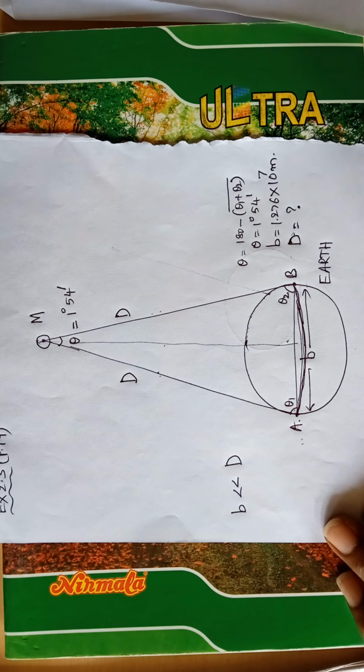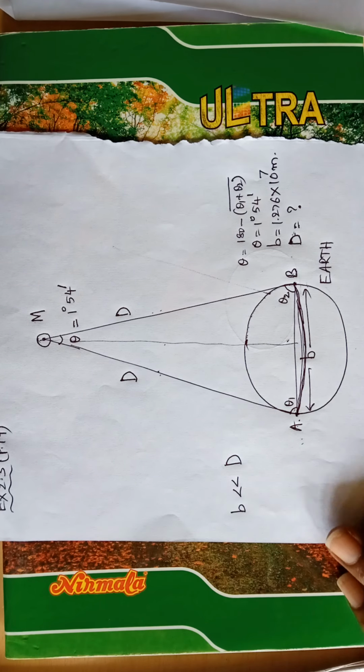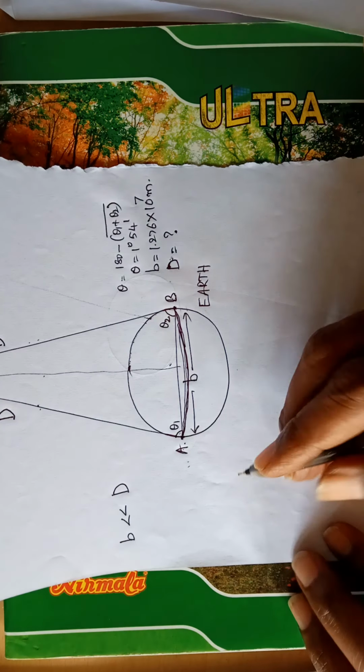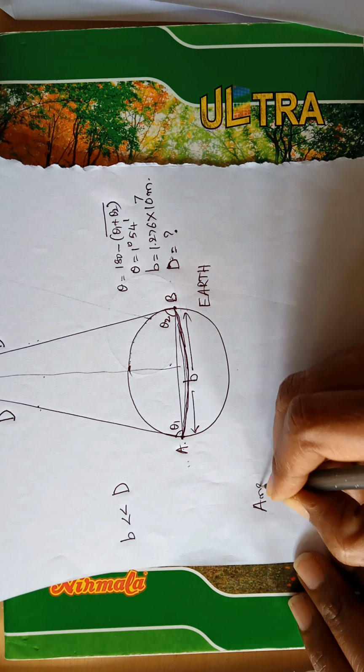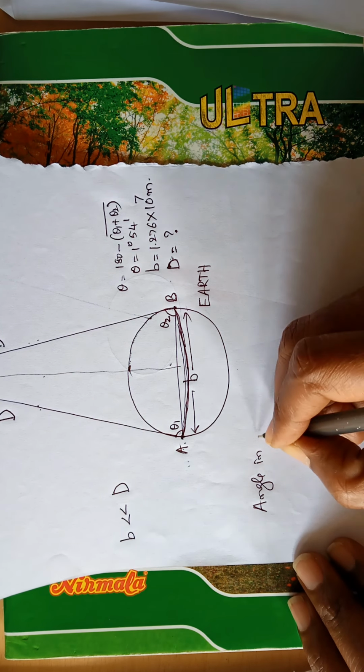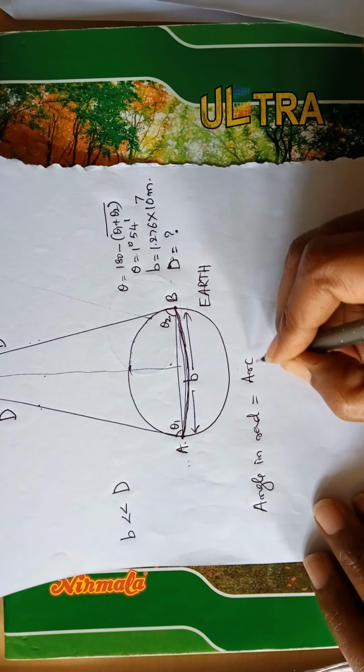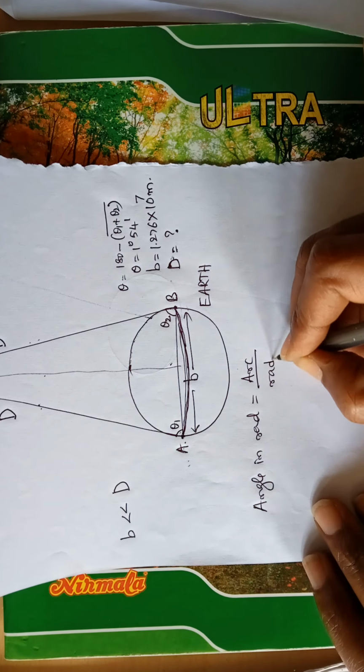And if this is approximated as a sector, how do we define angle in radians? Let me write here. Angle in radian is equal to arc by radius.